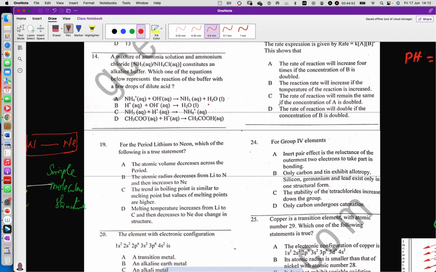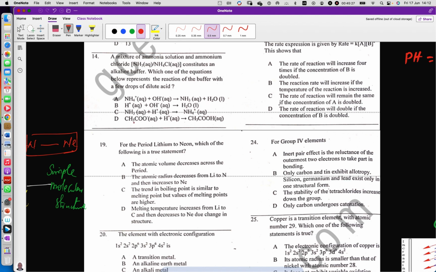It is not B. Because they said a buffer with a few drops of dilute acid. With that one, it doesn't work. A does not work. B doesn't work. It's not with dilute acid, and it doesn't give a buffer.